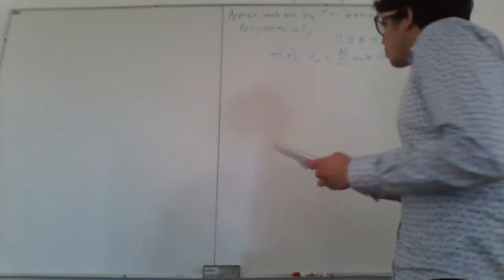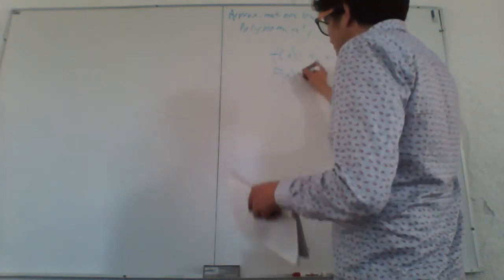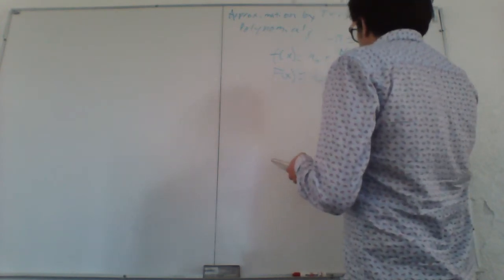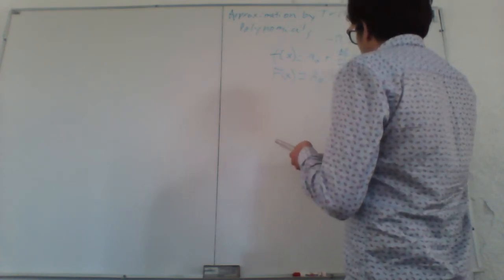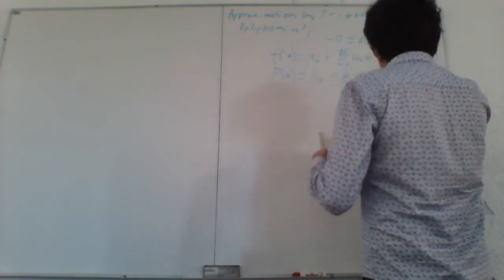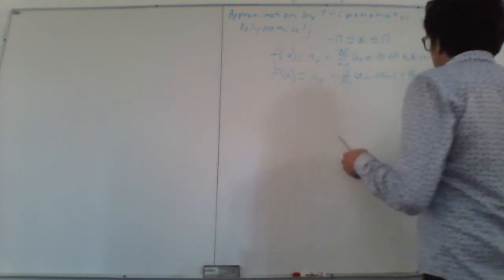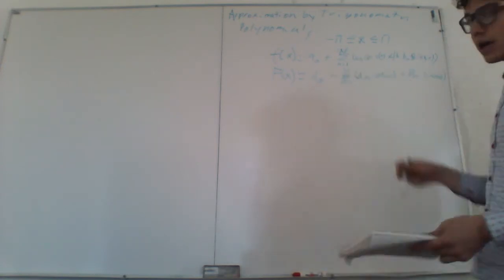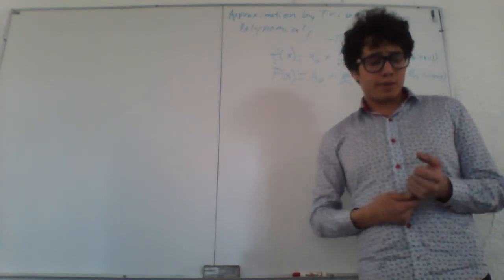So we are going to have this approximation that is different from this one. We have capital letters A, so the difference is that we have a capital letter in the coefficients of the Fourier series.